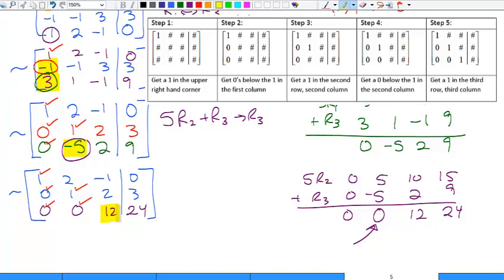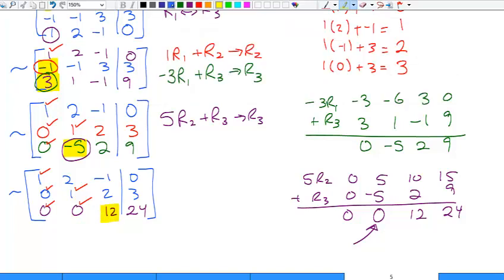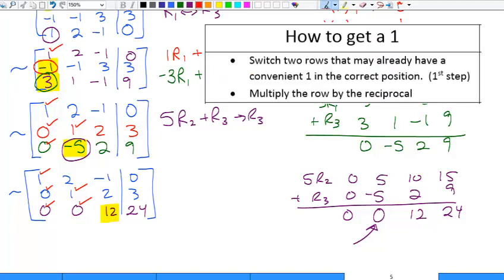Well, I want that 12 to become a 1. So what is the rule to make a 1? Well, I could switch it with another row, but that actually is only helpful for the first step. So the rule to get a 1 that I have to use here is multiply by the reciprocal. The reciprocal of 12 is 1/12.